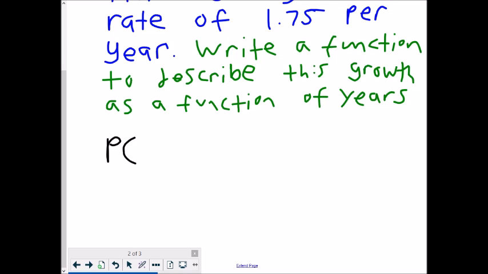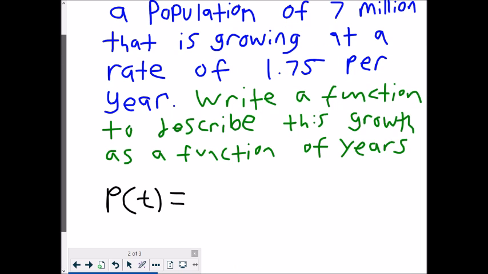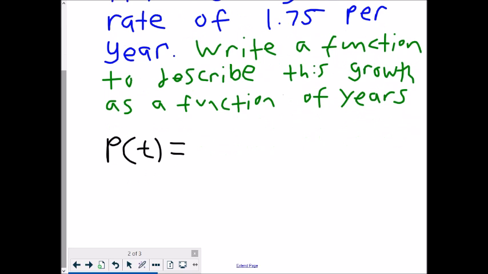So P of t equals the initial condition, 7,000,000, times the growth rate. Oh, 1.75%.